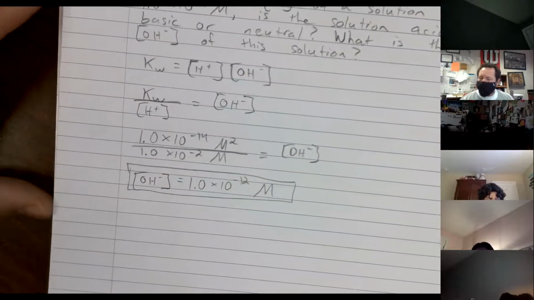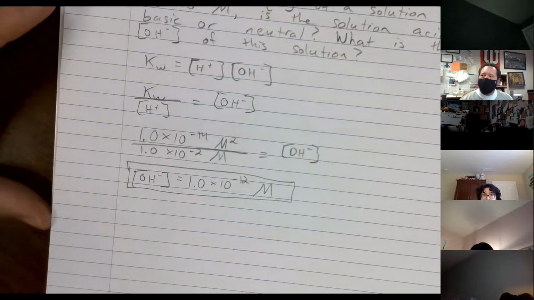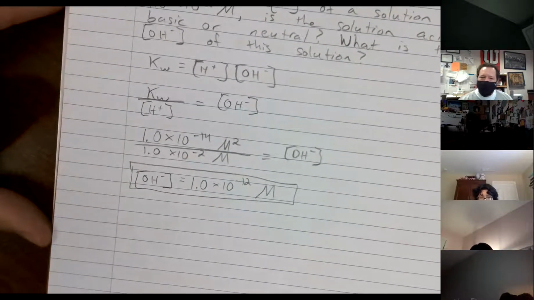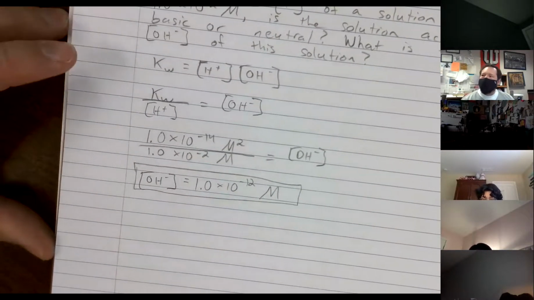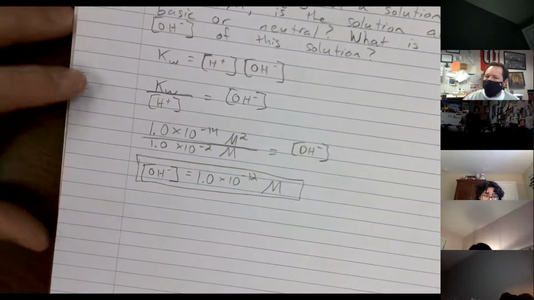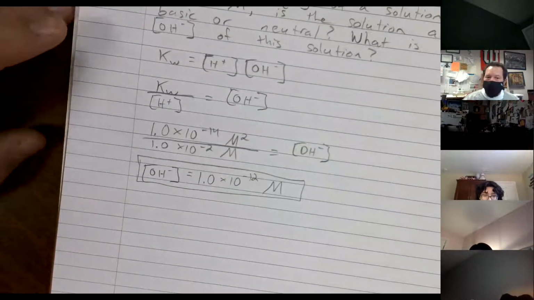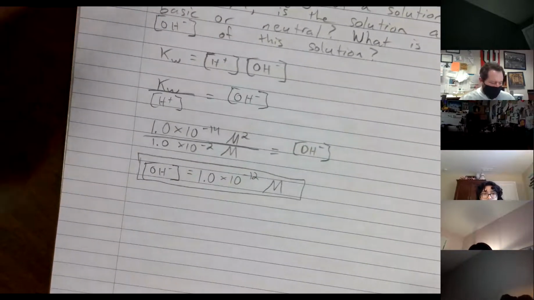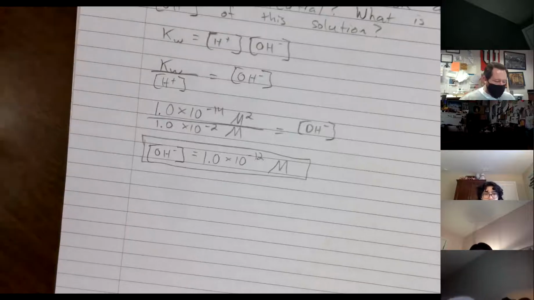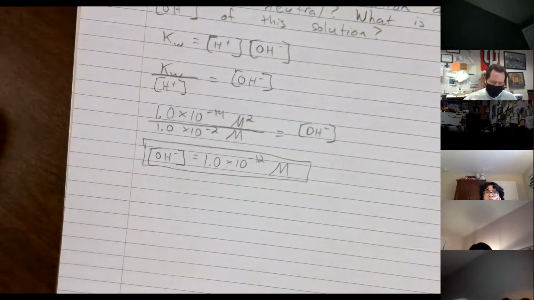Do you know why? Awesome. Yep, there are more H pluses than there are OH negatives. So this is definitely acidic. For those of you not quite seeing that, let's take a look. I actually like doing this anyway.